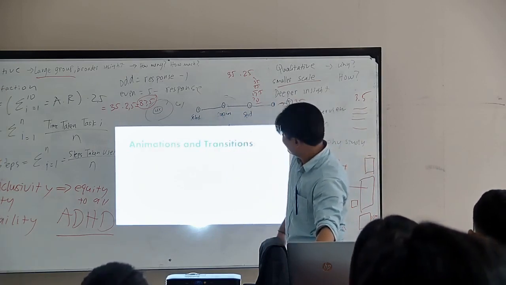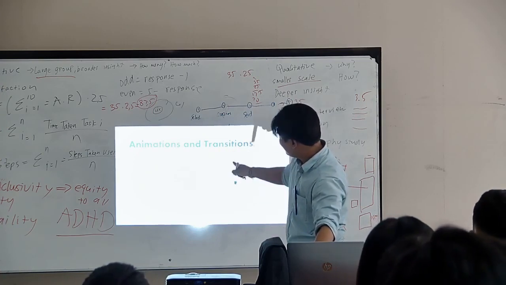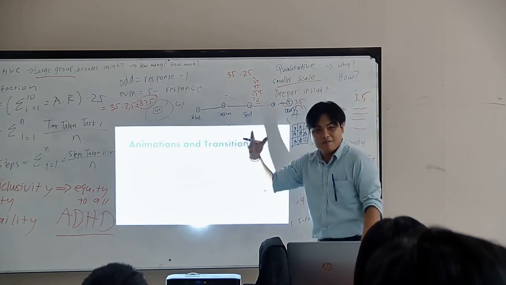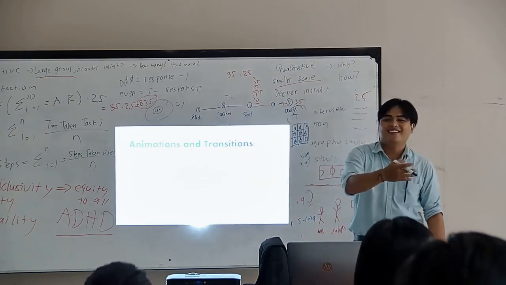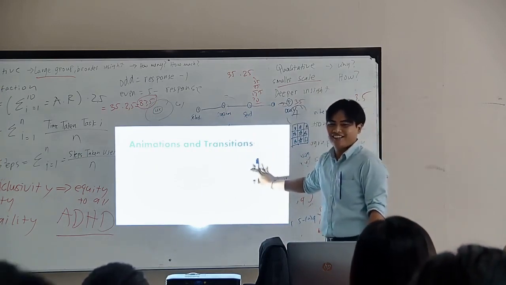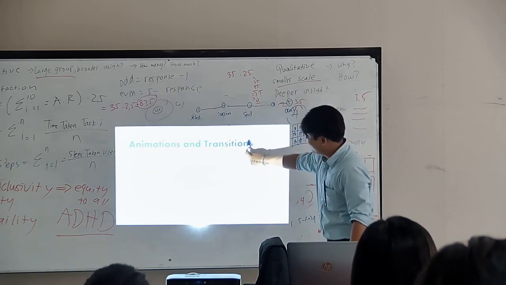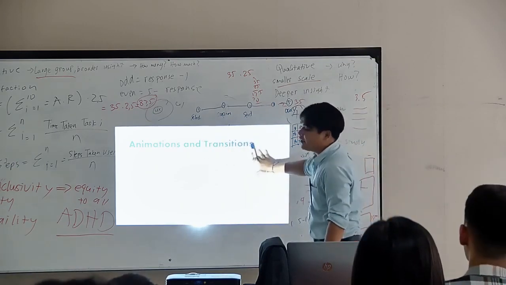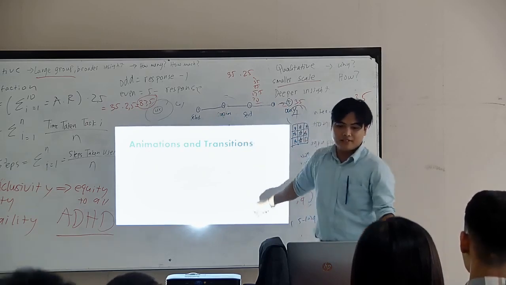If I click from this page into this page, but this page becomes a word, that is transition. If I click this and it changes, it's called animation because it's happening on this page.